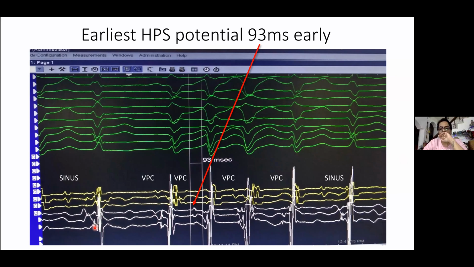The QRS is narrow because there is a distal conduction block and it is going up and then around, utilizing the rest of the left bundle and the right bundle. That is why the QRS is narrow. It's not that the site is very high up. The His bundle is here and the left bundle. This is the voltage that you get in the mid septum, not very high septum on the left side.